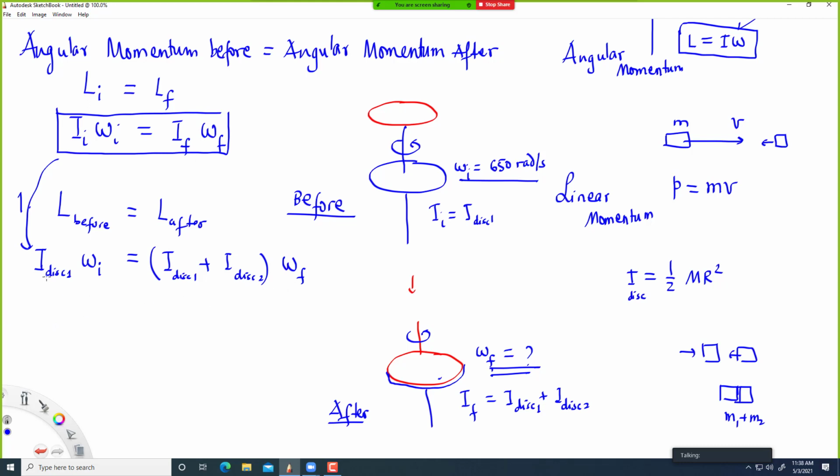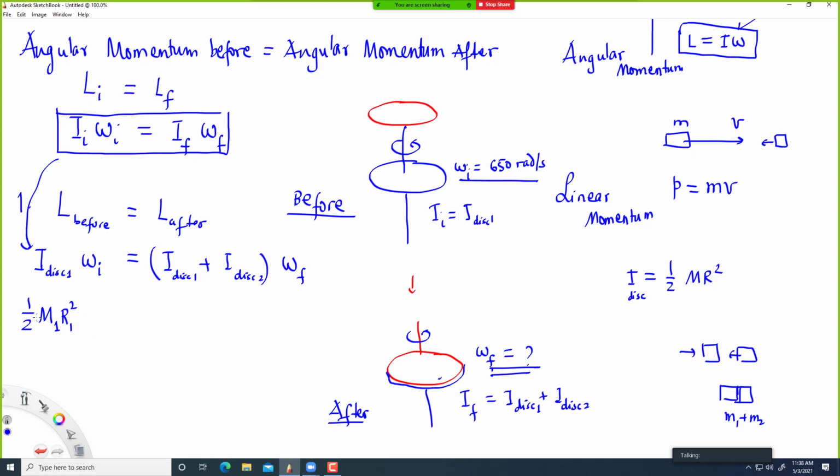So I of a disk is 1/2 mass of first disk times radius of first disk squared. I think they are identical. No, they are not identical, although they have the same radius.